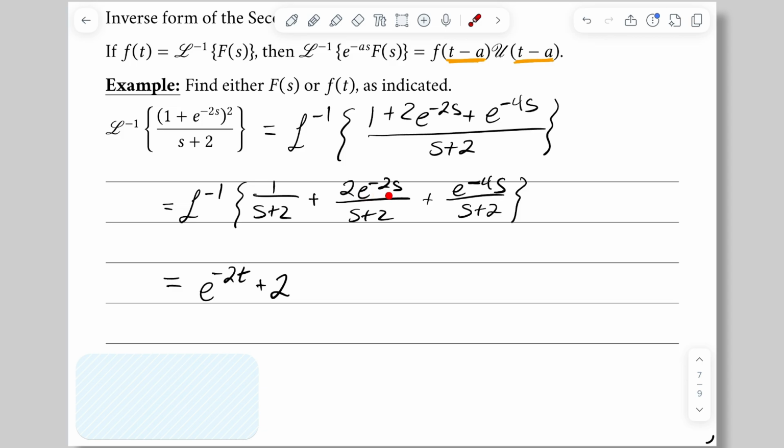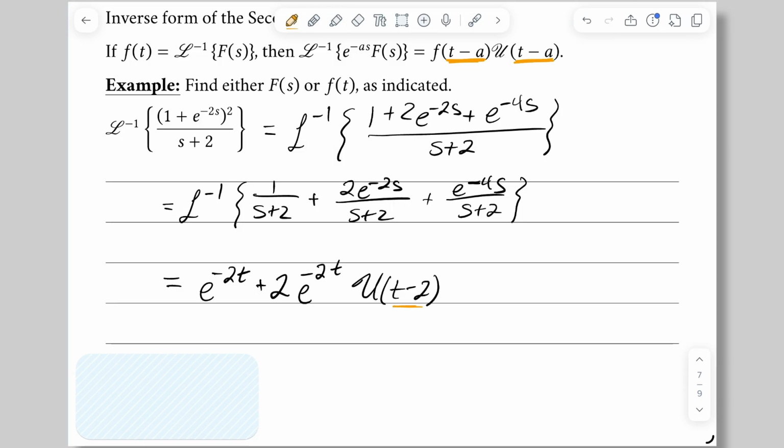The e to the negative 2s is going to inverse transform to the unit step function u of t minus 2. S plus 2 in that denominator would inverse transform to e to the negative 2t.